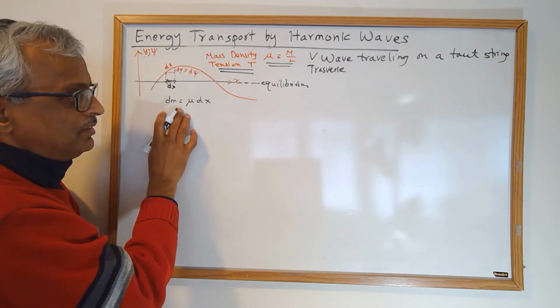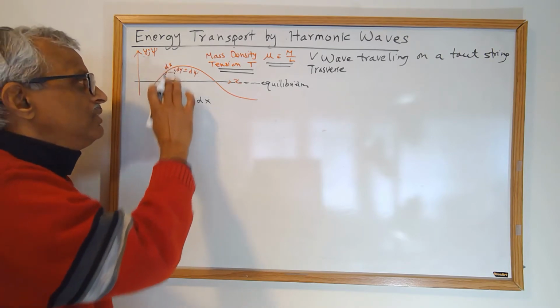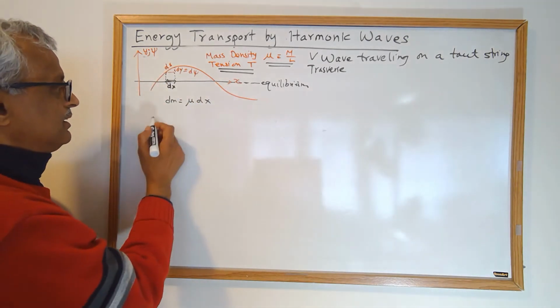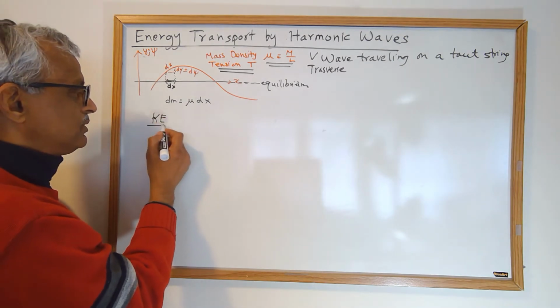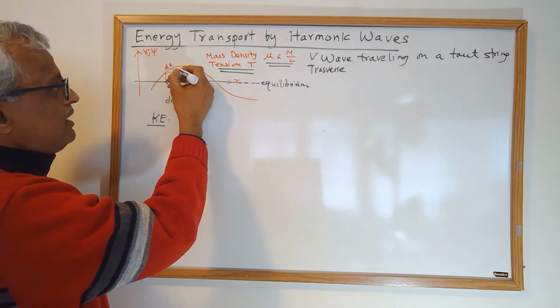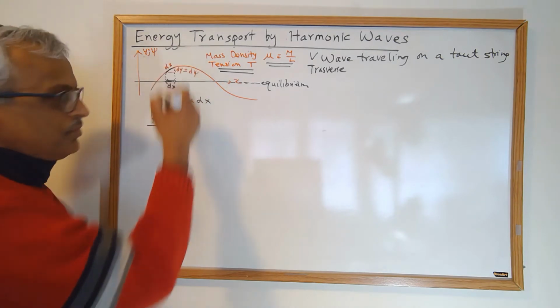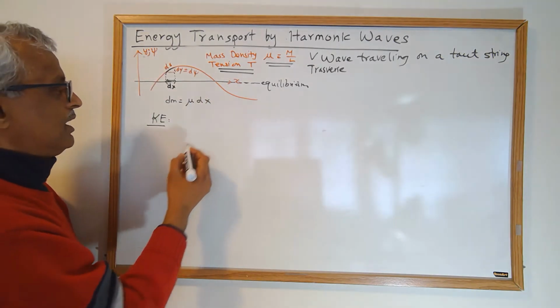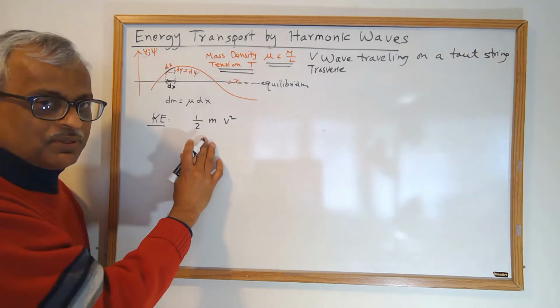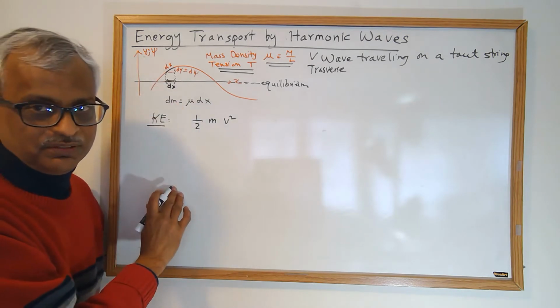Add them up, I can get the total energy of this mass, right? So how do I get kinetic energy? Let's look at kinetic energy, and then we're going to look at potential energy. Well, it's moving, so I have half m v squared.